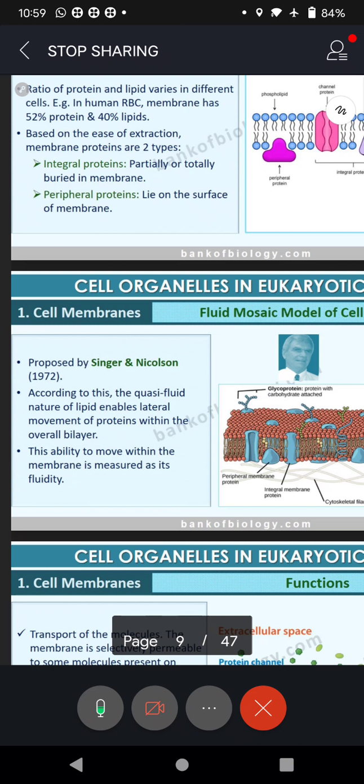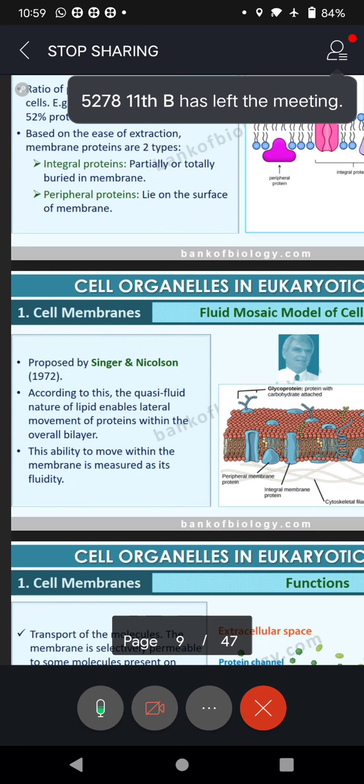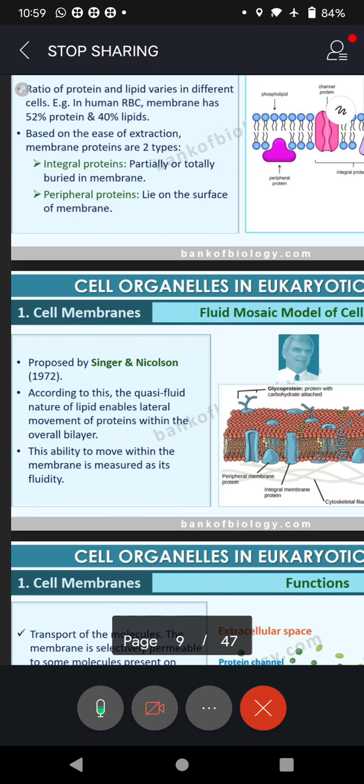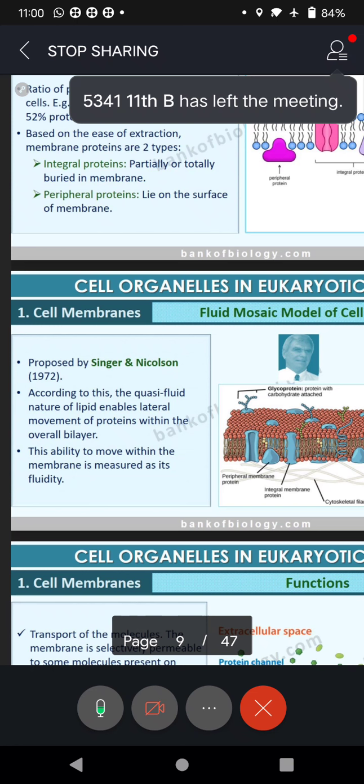We must be thankful to two scientists, Singer and Nicholson. In 1972, way back, they proposed one model for the anatomy of the plasma membrane, referred to as the fluid mosaic model.